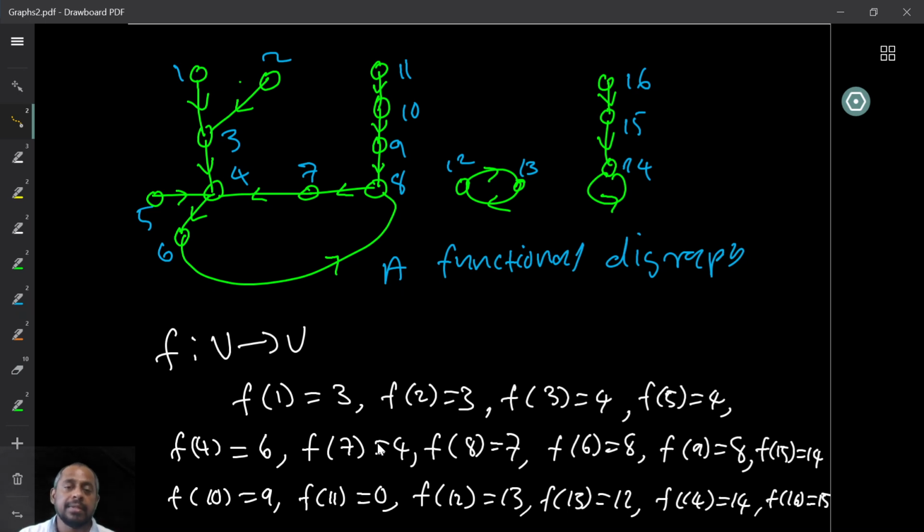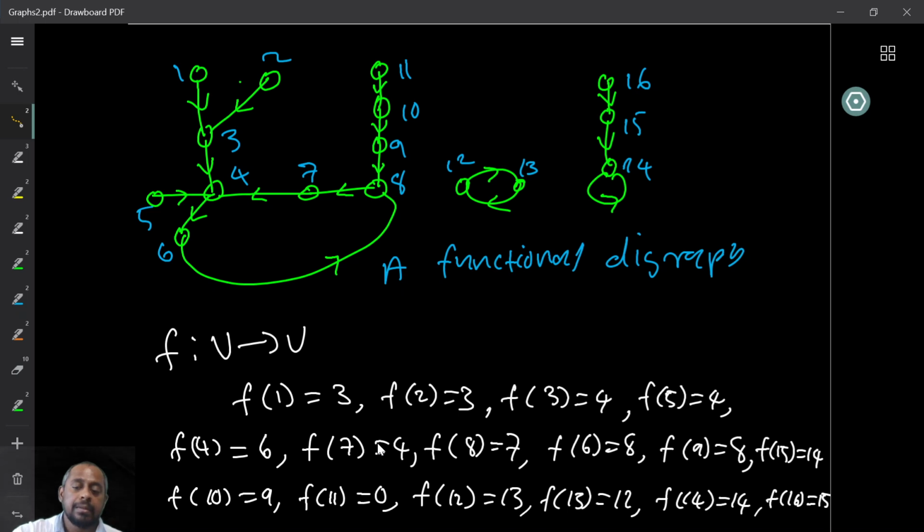So this defines a function, and therefore we call it a functional digraph. Given any functional digraph, we have an associated function, and if you have a function on a finite set, you have an associated functional digraph.